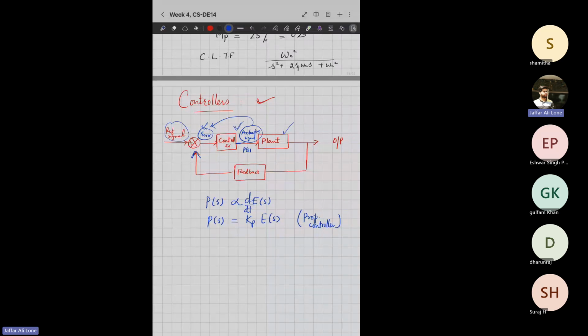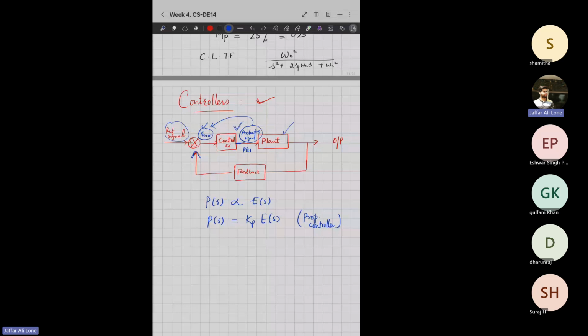If my actuating signal is proportional to a combination of these, then we can combine the effects. We can have proportional and integral controller together. We can have proportional and derivative controller together. We can have proportional, integral and derivative controller together. It depends on what we want to achieve, right?